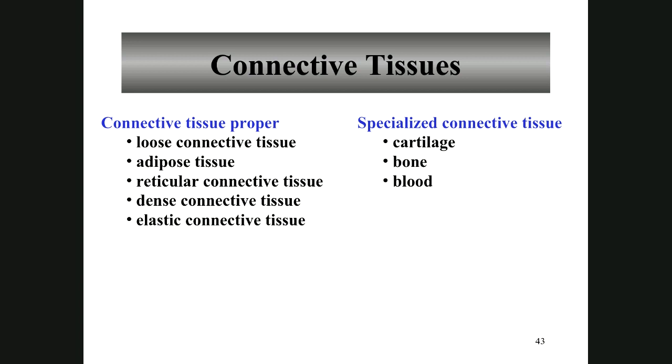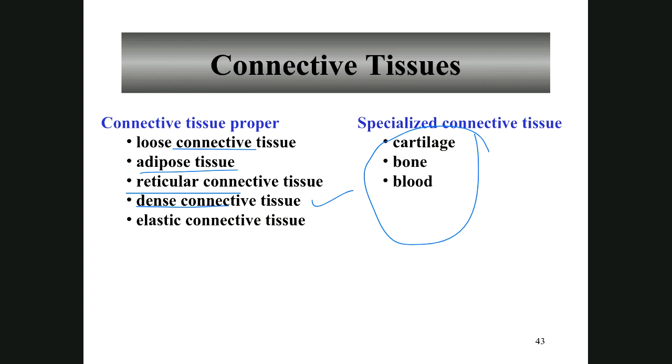All right. Connective tissue is typically divided into connective tissue proper or specialized. Now you know what the specialized are, the BBC. Adipose or reticular or dense connective tissues, like tendon, and cartilage.